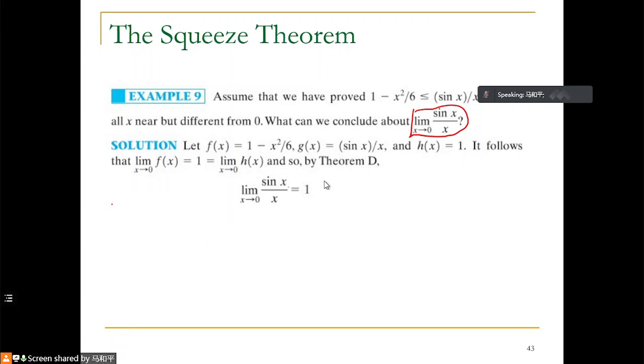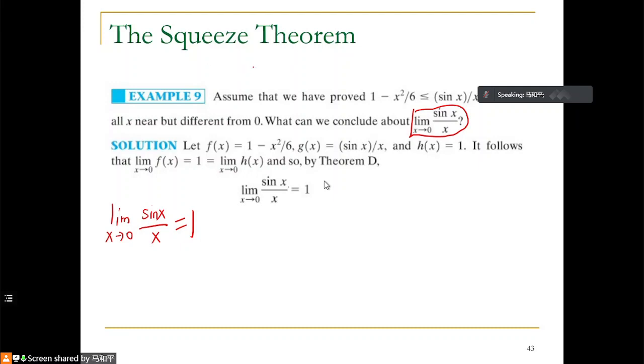The limit is 1. How did we get this result? We just chose some points, found the values of sin x over x, and got that the limit is 1. And now we will prove it.